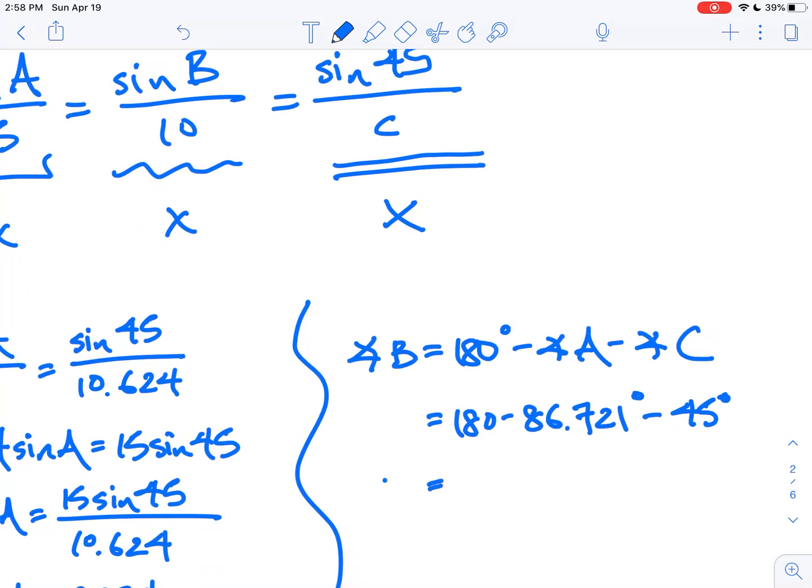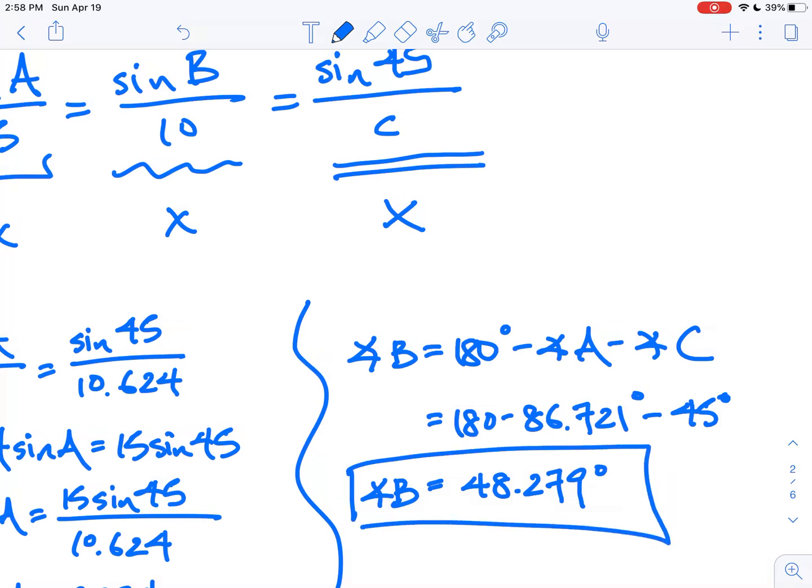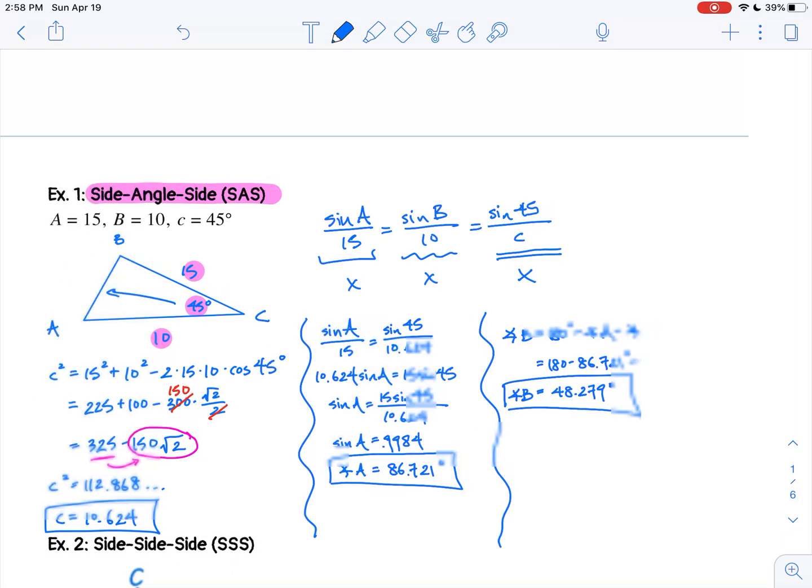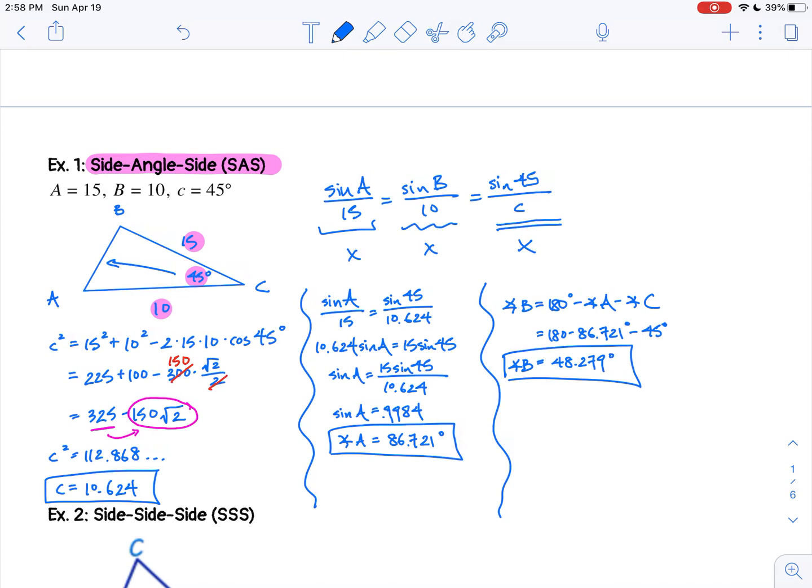And when I work that out, I will get angle B equal to 48.279 degrees. Okay? And so now I've got all three angles and all three sides, so I have successfully solved my right triangle. Or my non-right triangle, sorry.